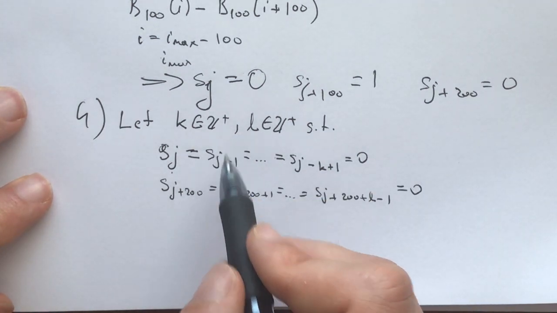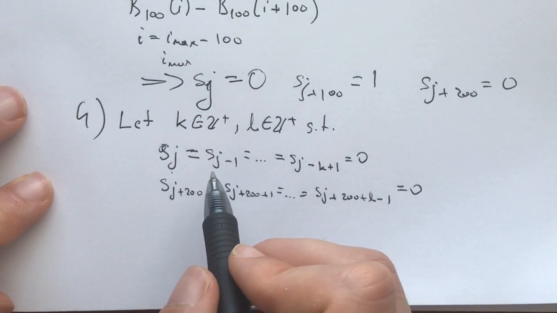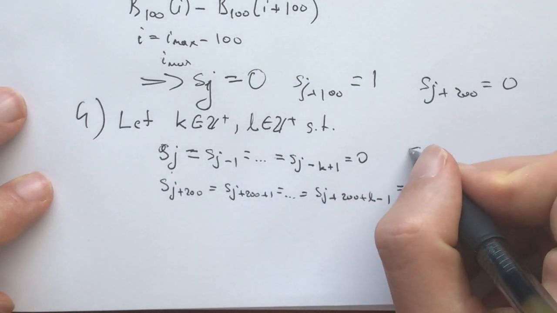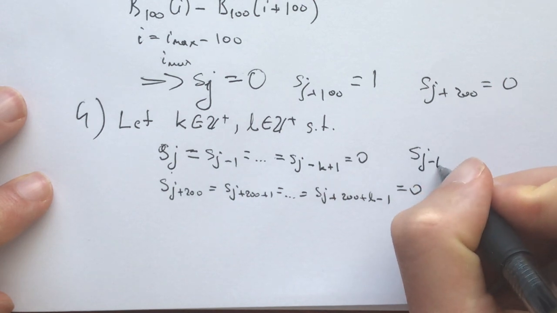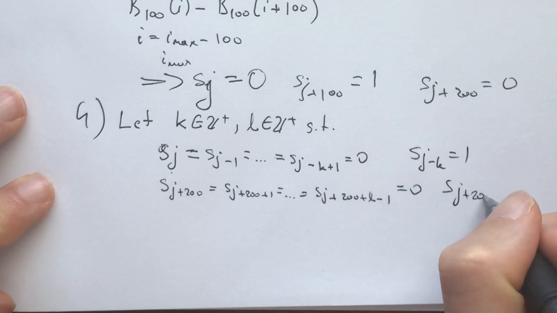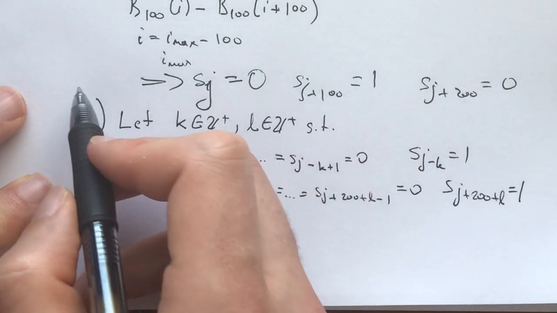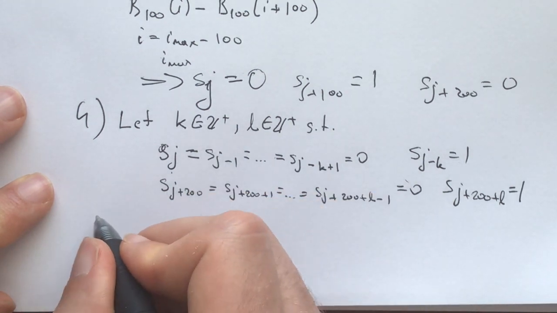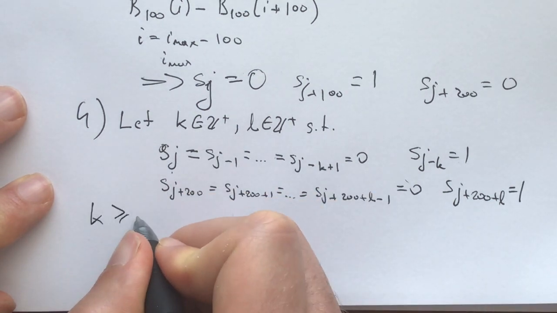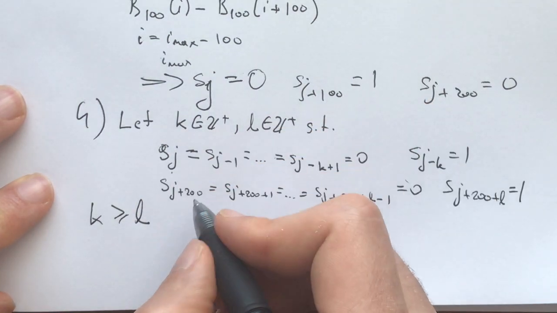Mind you, if k or l is 1, then we're done immediately. And such that Sj minus k is equal to 1 and Sj plus 200 plus l is also equal to 1. Given we have symmetry, we can assume without loss of generality that k is greater than or equal to l. Now we have two cases.